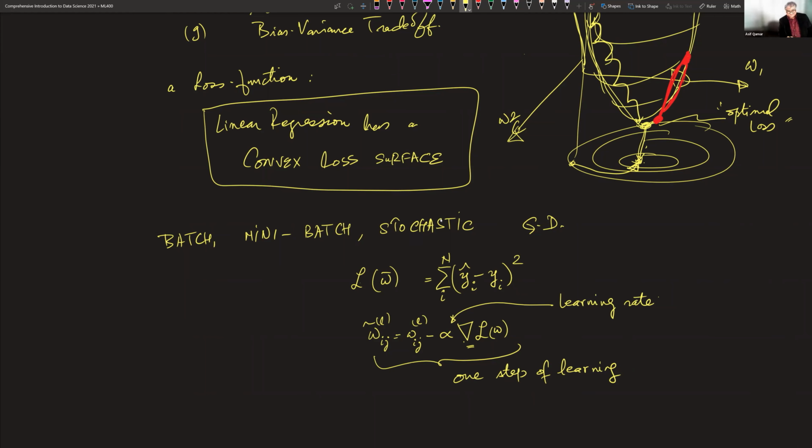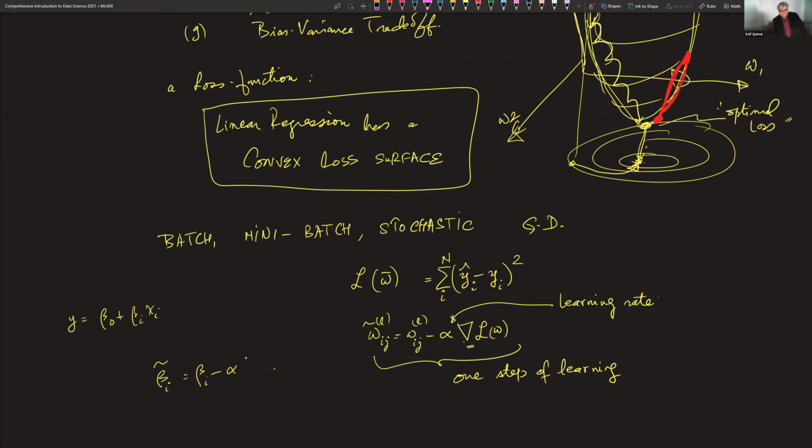Now, remember this expression. For simple linear regression, in the notation of our previous workshop, suppose you have an equation y is equal to beta naught plus the sum of beta i xi. Then our equations used to be that for any particular xi, the next step would be beta i minus alpha times the gradient of the loss with respect to beta i.